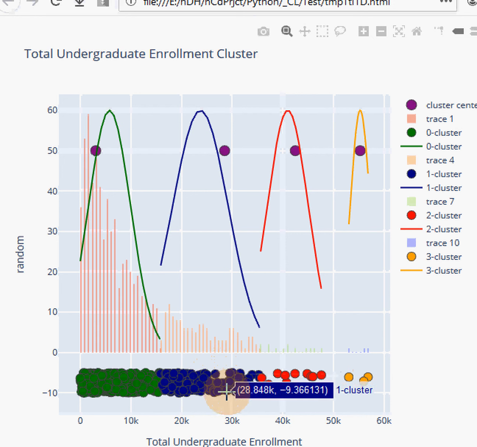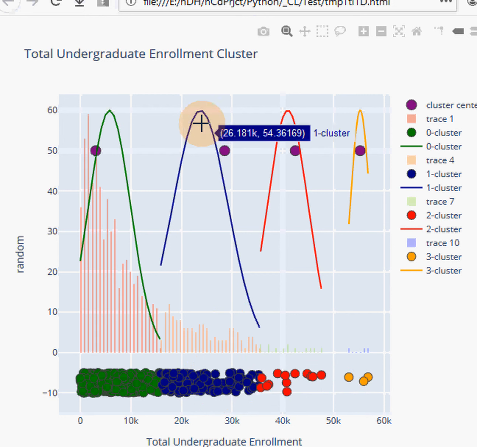The other is you consider the center of the circle and, assuming the distribution is normal, give more weight to the center than to those away from it. In this particular case, we give all the points in the circle the same weight, and that's why it does not necessarily reflect the distribution.